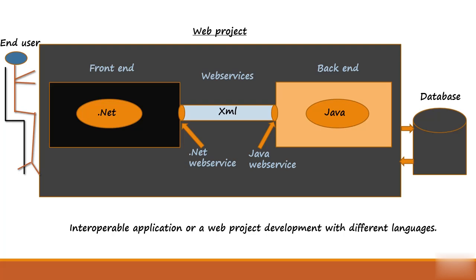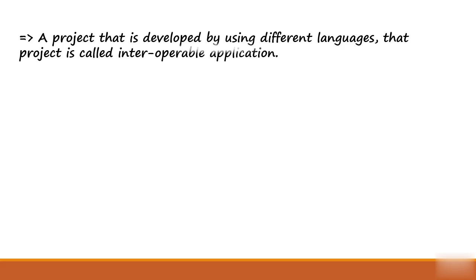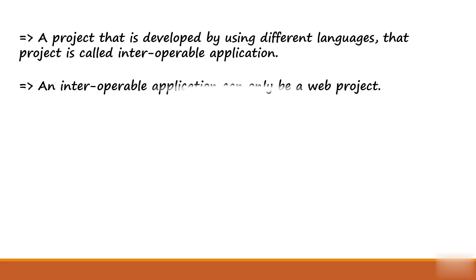After that, the response is visible to the end user. A project that is developed by using different languages is called an interoperable application. An interoperable application can only be a web project.